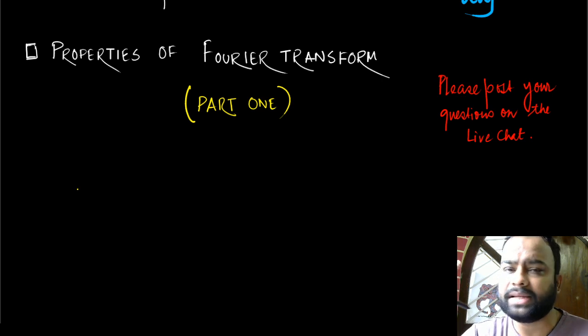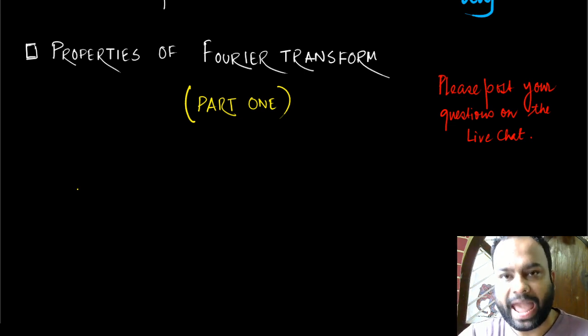Fourier transform is nothing but the extension of Fourier series for aperiodic signals. While discussing Fourier series, we found a way to figure out the constituent sinusoidal components present in a signal.